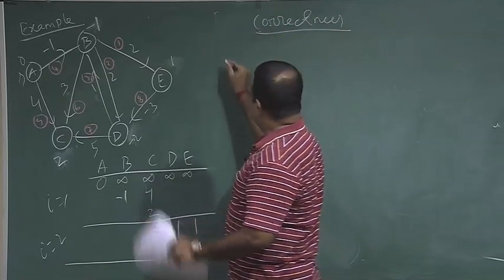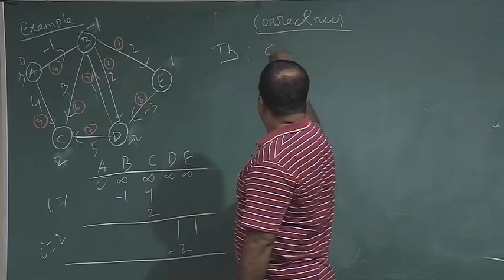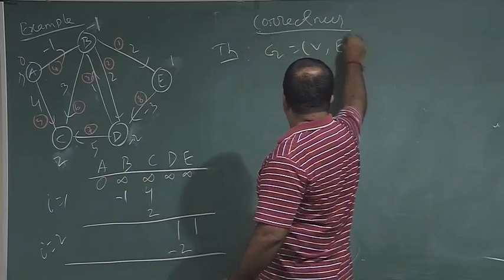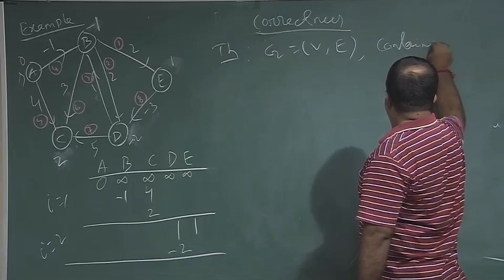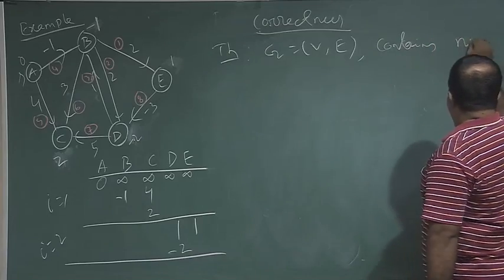Okay, so correctness comes from this theorem. The theorem says we have a graph, and suppose this graph contains no negative cycle.